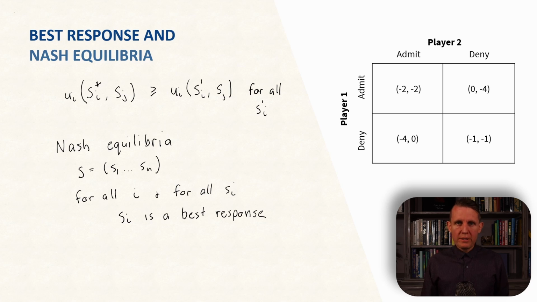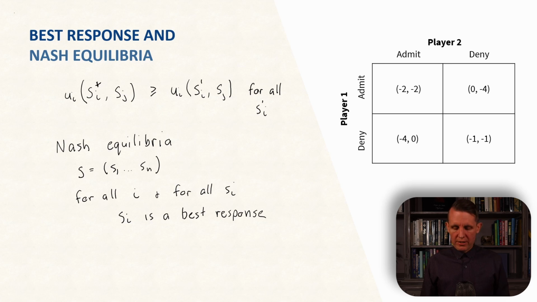The Nash equilibrium is a strategy profile for all agents such that each of these is a best response to each other. In other words, each of these strategy profiles here is the best response individually for that agent, assuming all the other agents play the strategy that's in this profile.